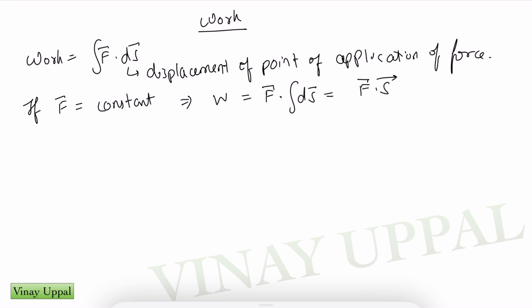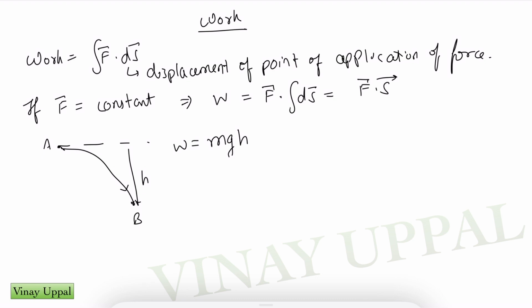So for example, gravity, if I have a particle going from A to B by any path, but the height difference is h, the work done will be the dot product of gravity and the straight displacement, and therefore I'll simply have it as mgh. What will appear is the component of the displacement along the vertical, because the force is along the vertical.